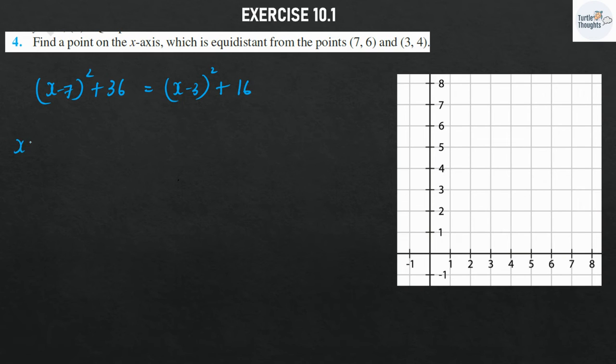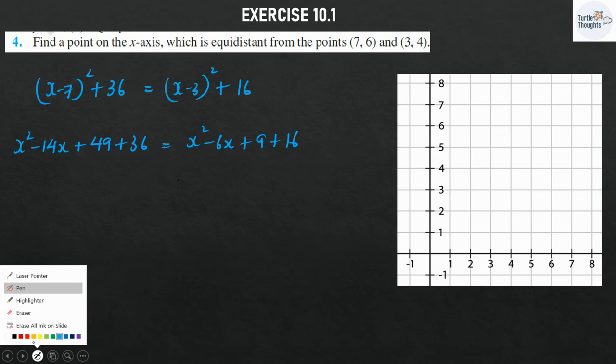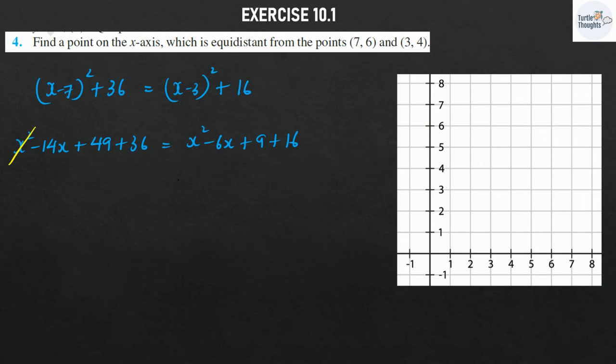So upon expanding, x square minus 14x plus 49 plus 36 is going to be equal to x square minus 6x plus 9 plus 16. I can cancel out x square from both the sides. I can write over here minus 14x plus 49 plus 36, it can be written as 85.